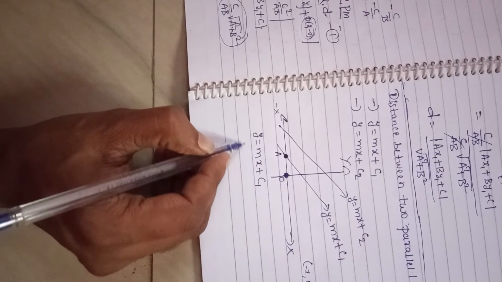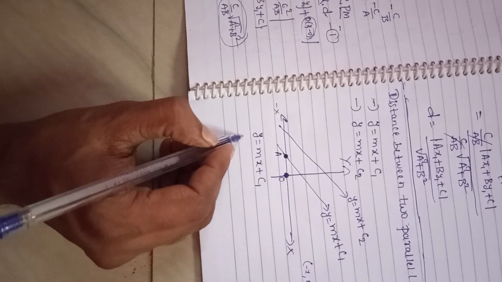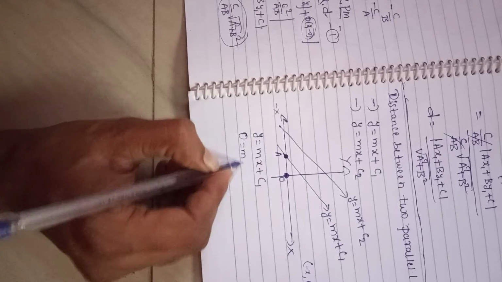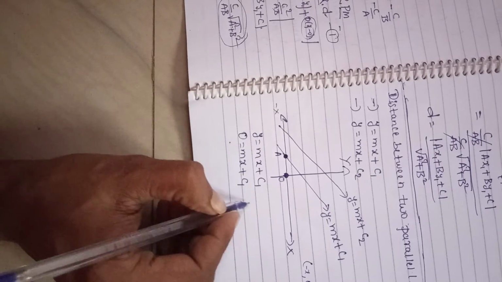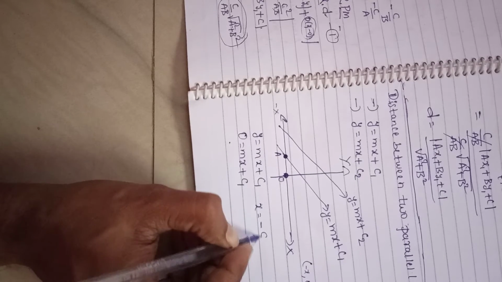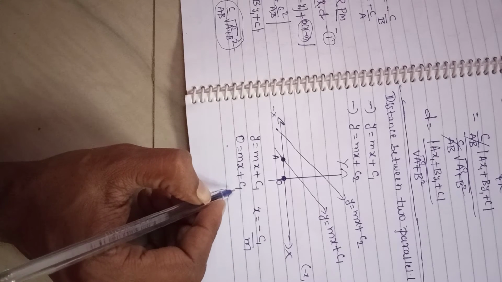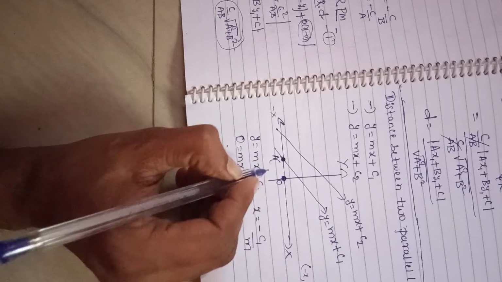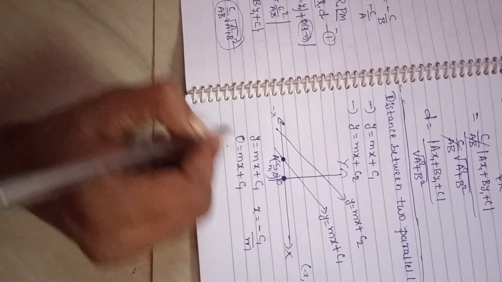So now what I will do, I will put y equal to 0 because y is 0. So I will get x equal to minus c1 by m, and this is now the point minus c1 by m comma 0.